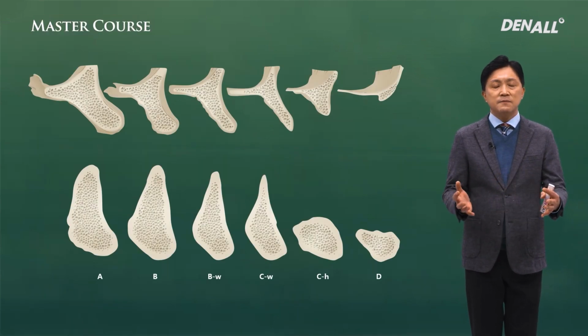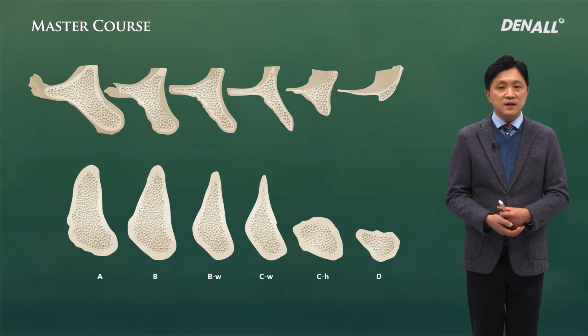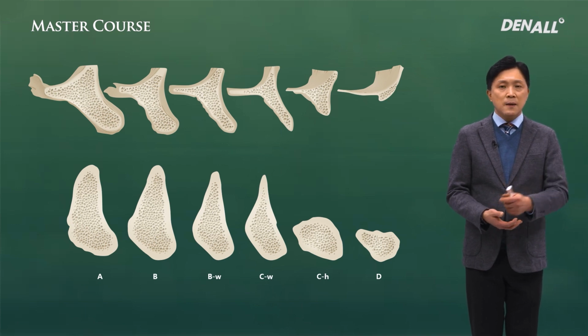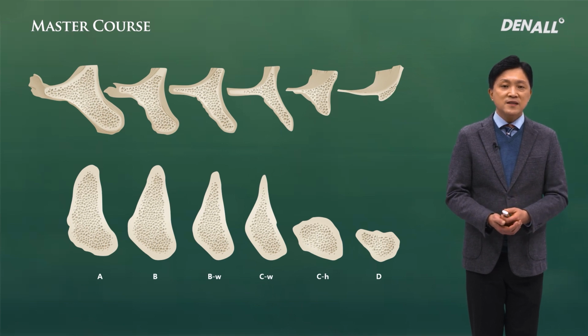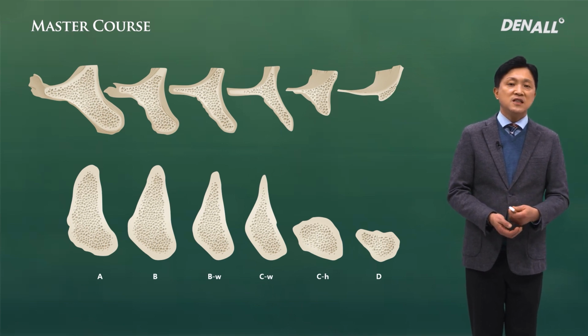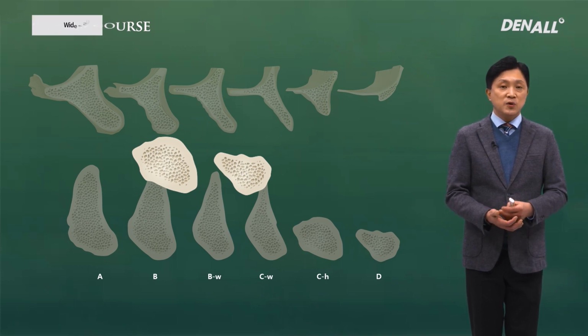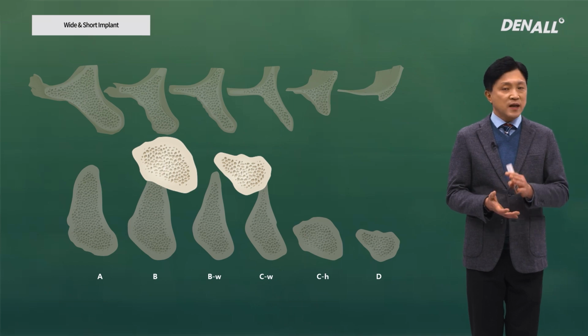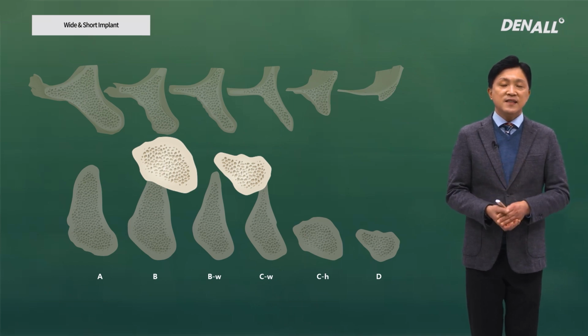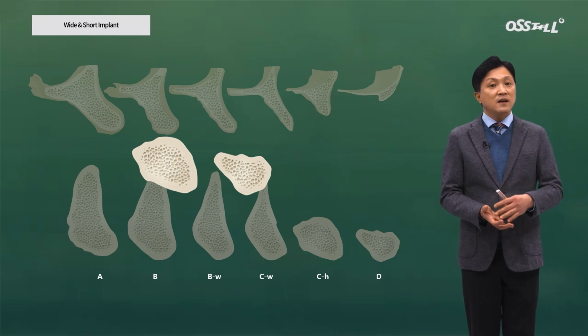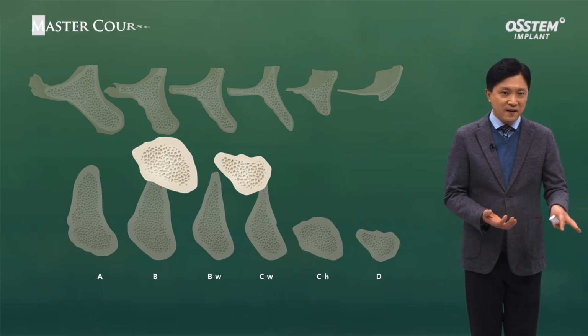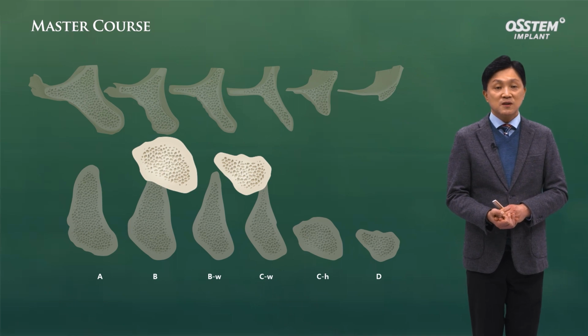So for short wide implants, the indication is a case of compromised height or a deficient ridge, where we use that type of implant. And another strength would be that in this type of ridge, you don't have much remodeling because remodeling has already been done.